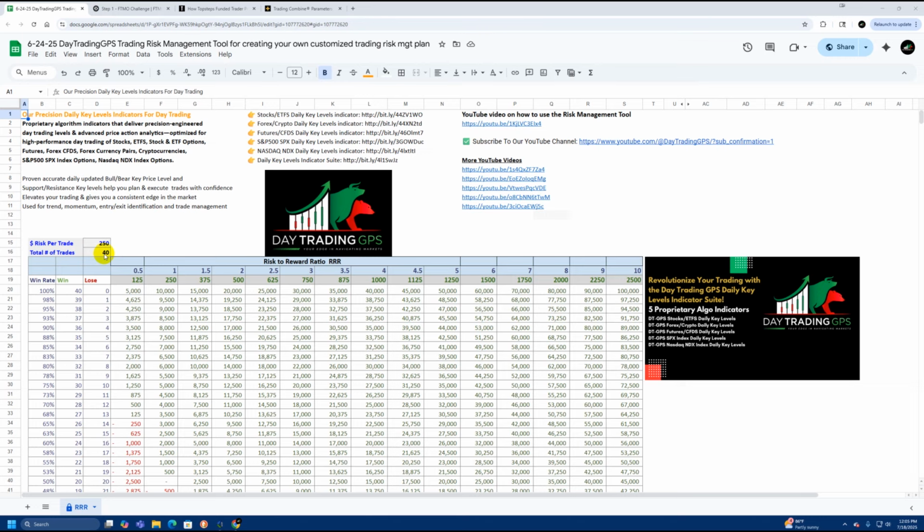So for example, whether that is 1 week or over a 2-week period or over a monthly period, you basically take the total number of trades that you are going to do per day and multiply that by the amount of trading days that you're going to be trading over the period.